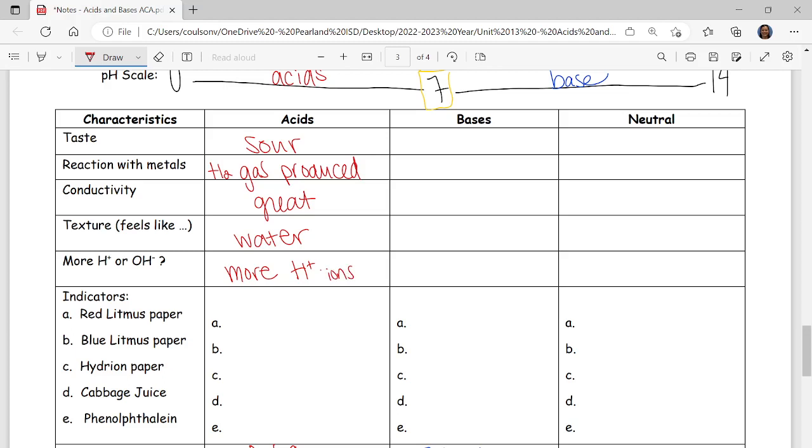And then with litmus paper, we generally will use the opposite things to indicate what something is, because if I have red litmus paper, it will still be red in the presence of an acid. So it stays red.